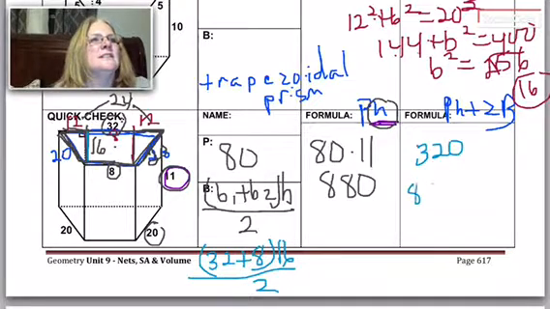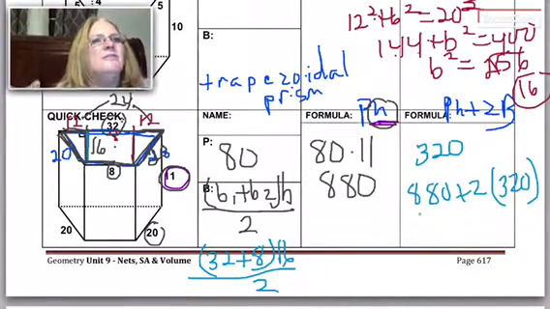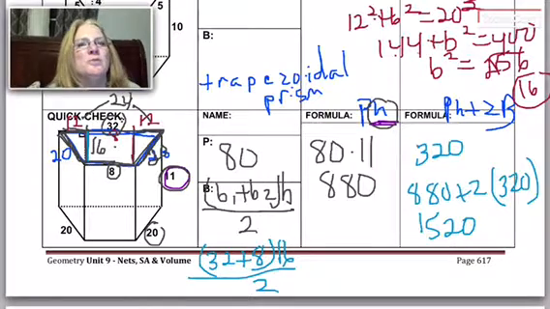And so now this is the 880 plus 2 times the area of the base. So that is 640 plus 880, and it's 1520 units squared. All right, so that's a trapezoidal prism.